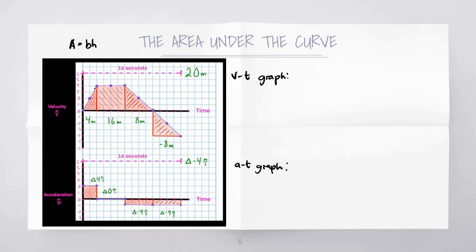This is the area of a triangle, the area of a square, a triangle, and a triangle. As we go on, we can solve for the different areas by using their own formulas. And to solve for the total area under the curve, you just need to add the individual areas in here.